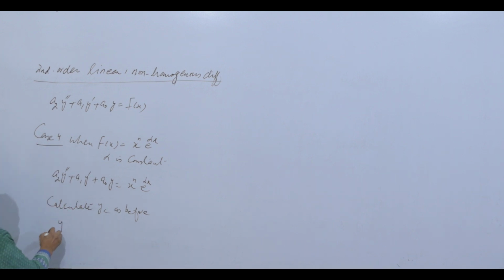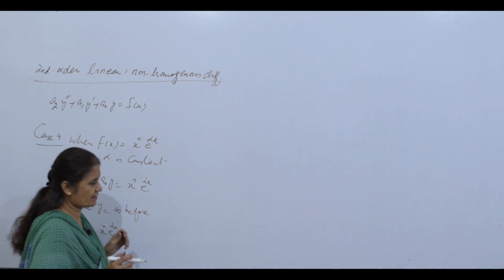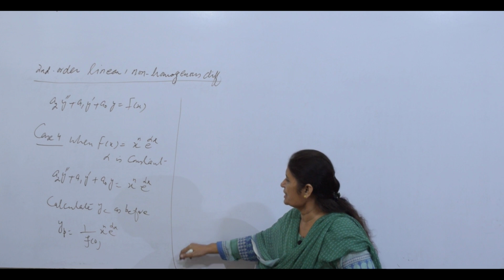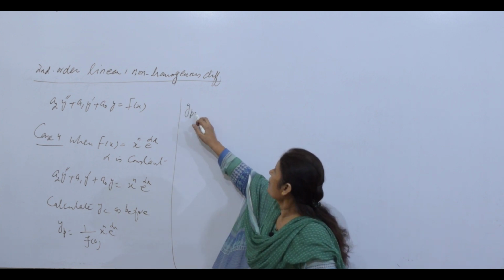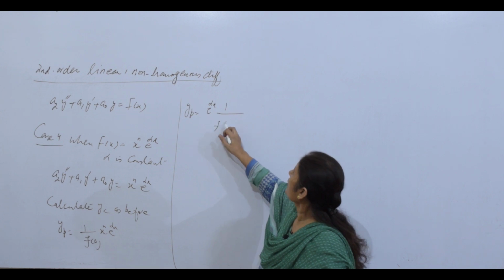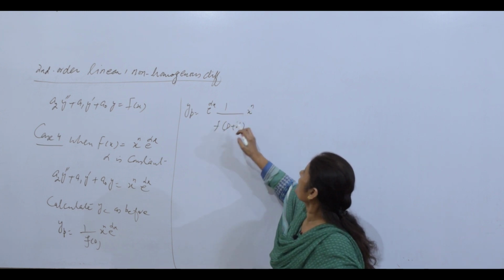For yp, 1 over a polynomial in D, x raised to power n e alpha x. This is the similarity in all: you have a polynomial in D in the denominator. Yp is e alpha x, 1 over f of D plus alpha, x raised to power n.